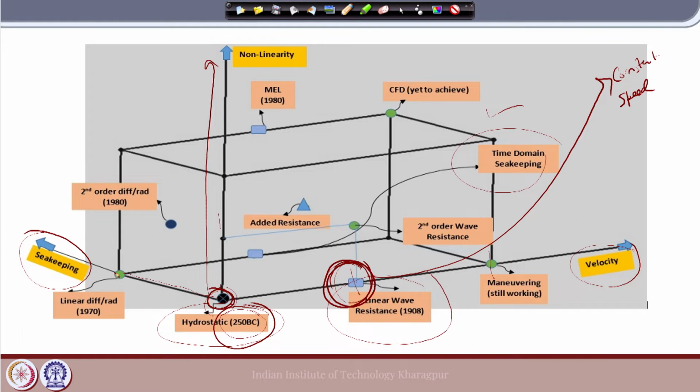Now, let us go this side. Here there is no velocity, therefore the ship or structure is not moving, but you have waves. Typically this is called the floating body problem that I discussed in the last slide.